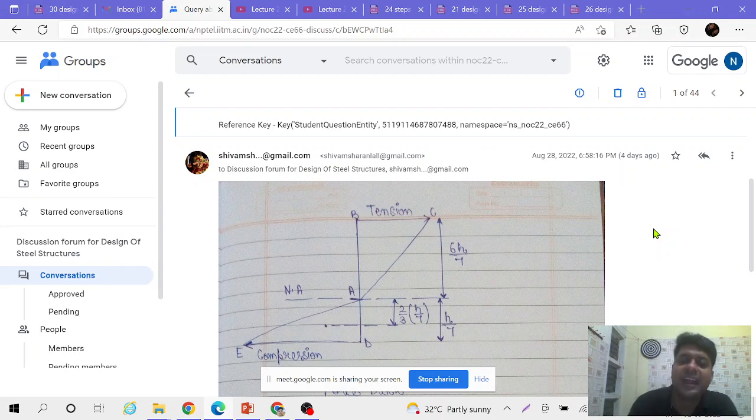That diagram is a stress diagram, and whatever tensile force or compression force comes into the picture always acts through its centroid, isn't it? Although this question has already been answered by Anindrup Lahiri sir in the previous session.